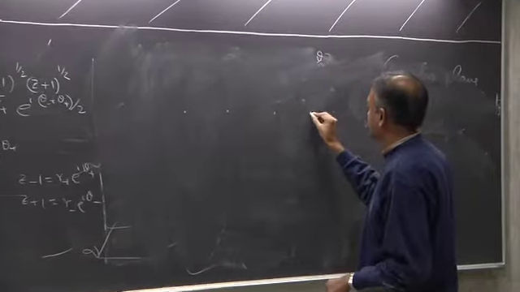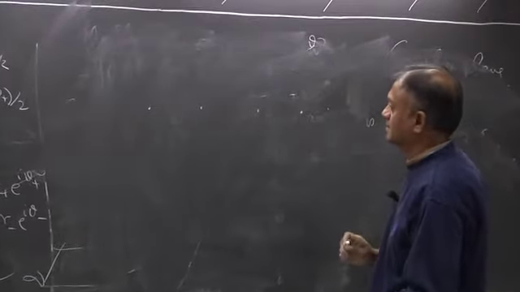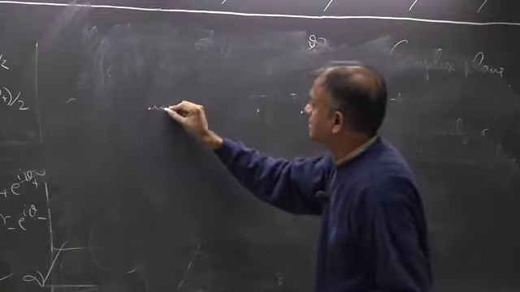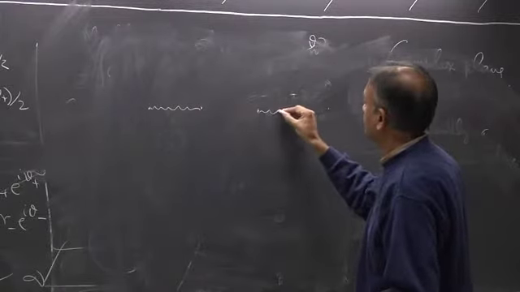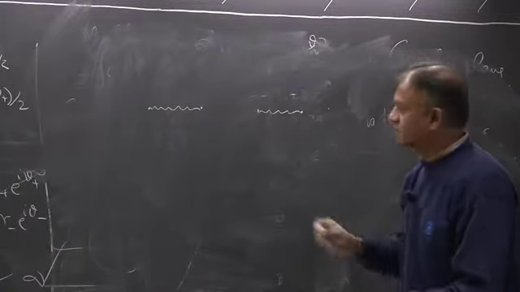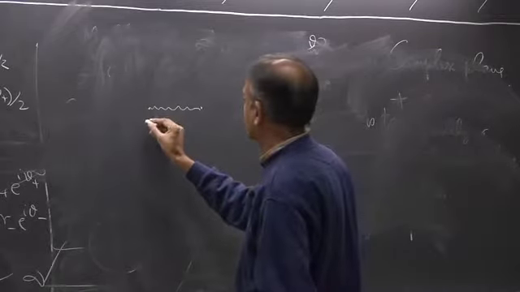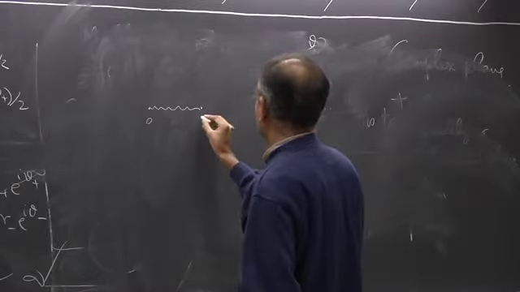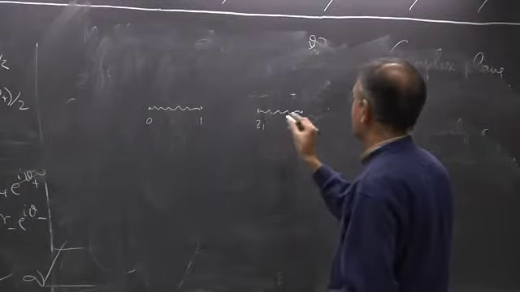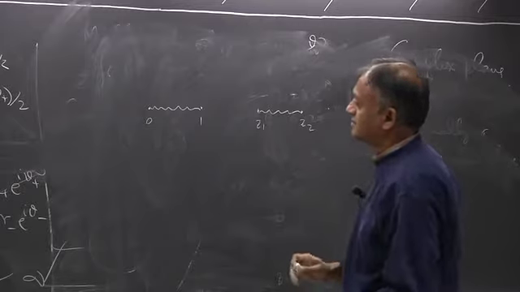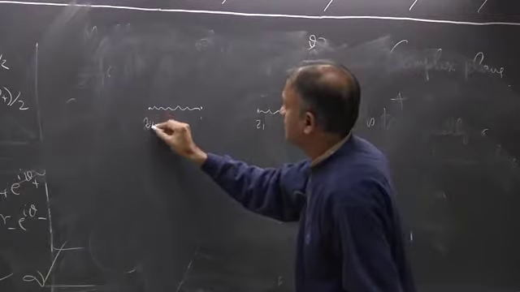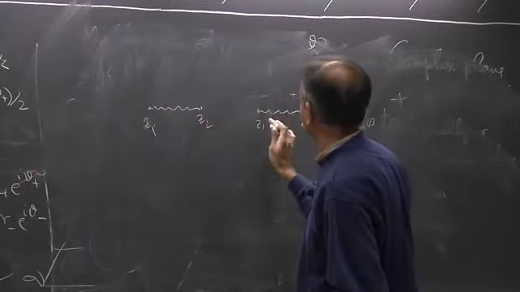Just to give you one example, branch points like this with the cut being here. So this would be a situation where, let's say, 0, 1, Z1, Z2. You can choose arbitrary points, Z1, Z2, Z3, Z4.